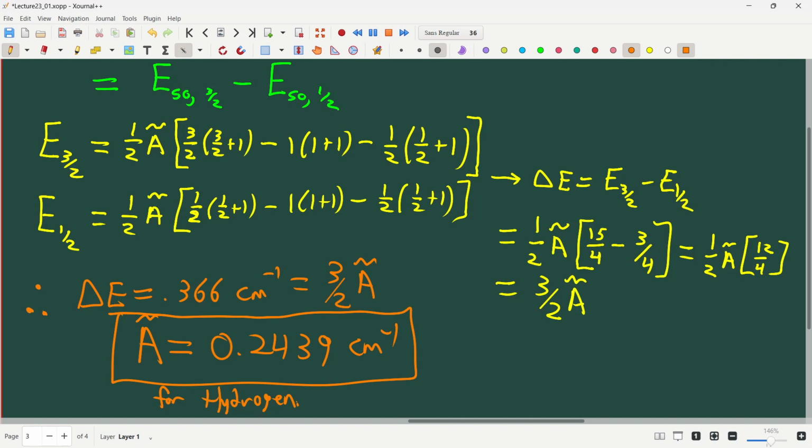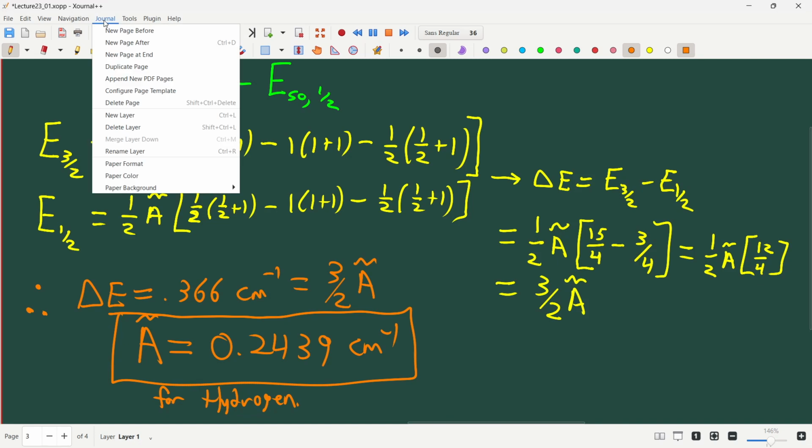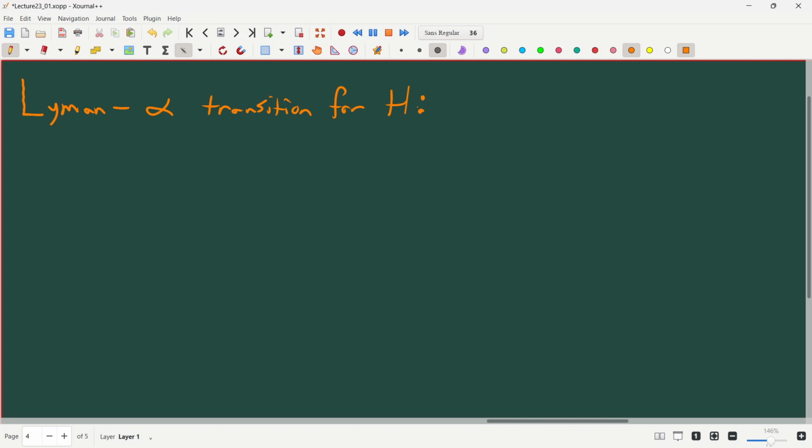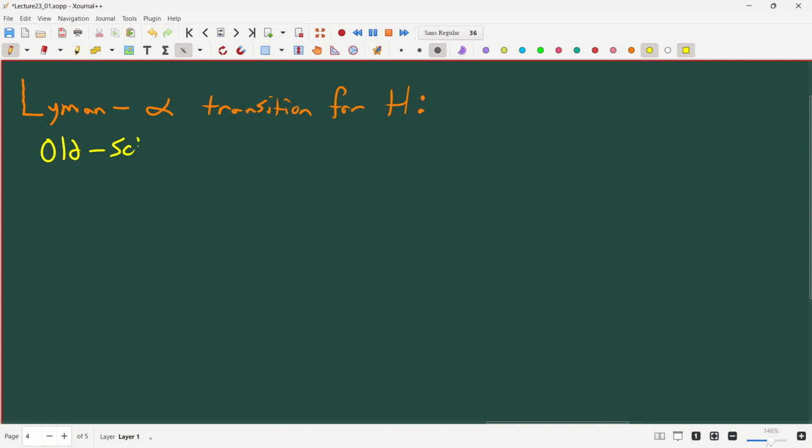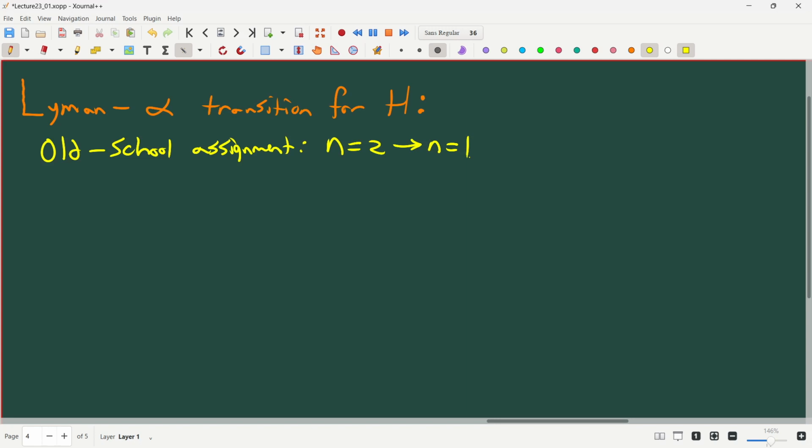So let's look at that roughly. In hydrogen, the Lyman alpha transition, which Lyman saw, old school assignment, is the n equals 2 to n equals 1 emission, or an absorption would be the other way around.